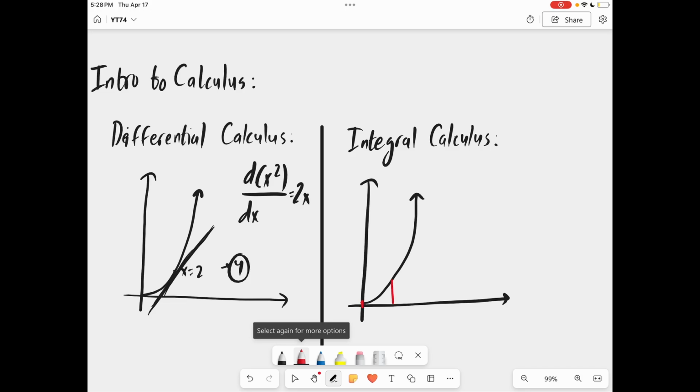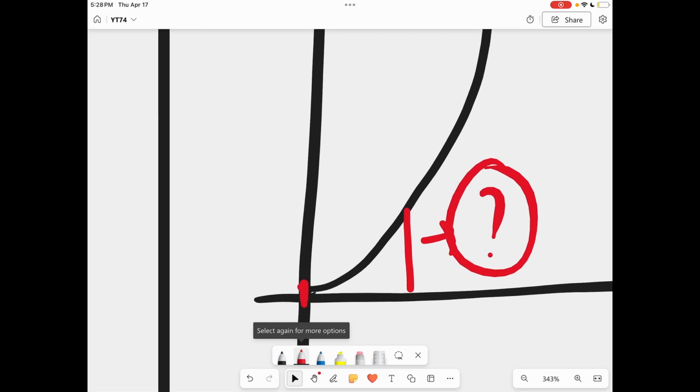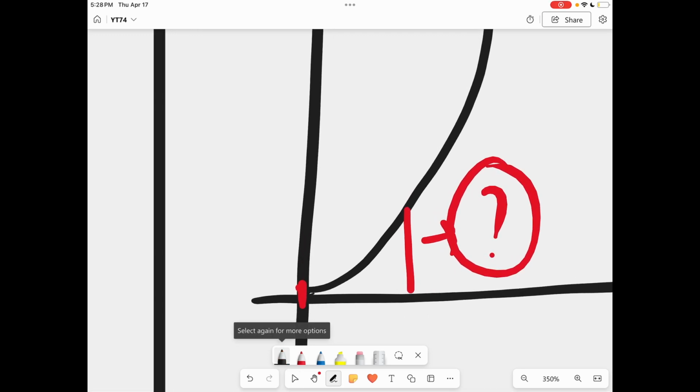So, as you can see, this is not any geometric shape. But let's say we zoom in, you might be able to tell that we could maybe use rectangles.